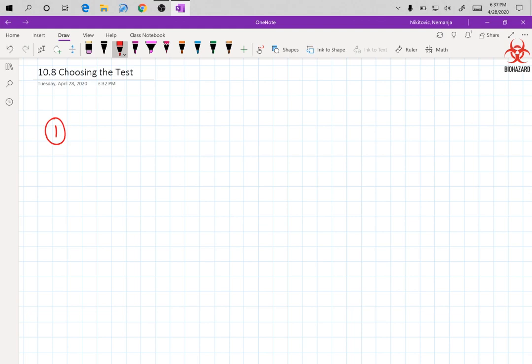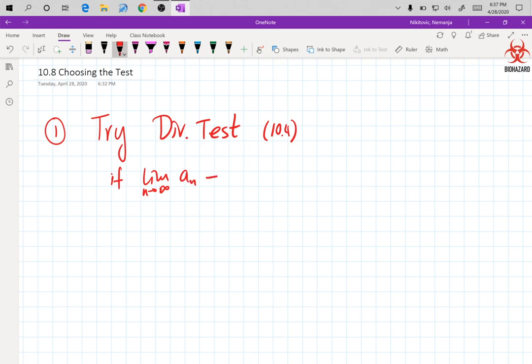Try the divergence test. That was in 10.4, and that one said if the limit as n goes to infinity of a_n is different than 0, then we have divergence, and you are done, right?